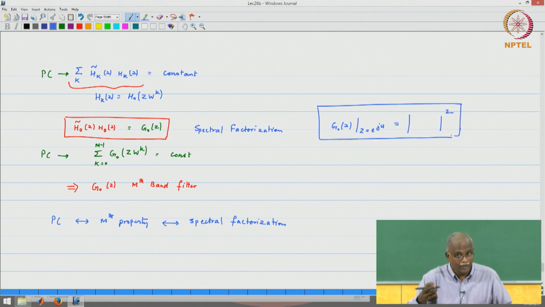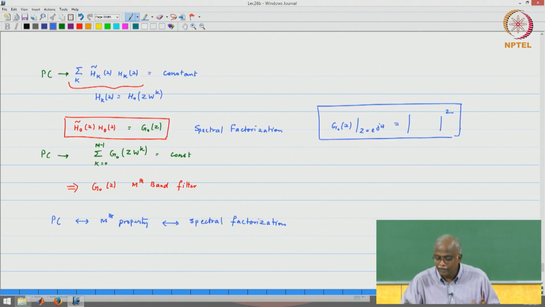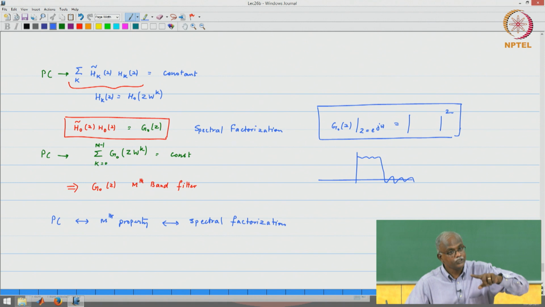Now, again a very important follow on question is, take the half band filter. Half band filter we showed, we sketched it here, H E of j omega need not be, if I plot this response, it could be something that does this, right. It can have positive and negative values. How do I ensure that this is spectral factorizable?